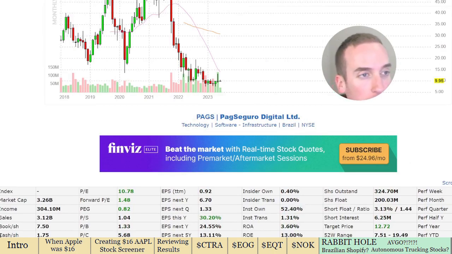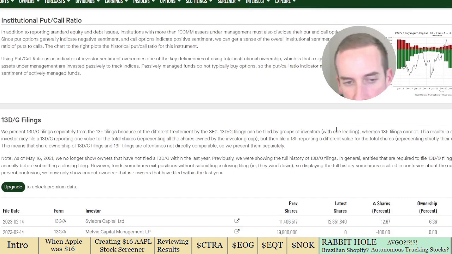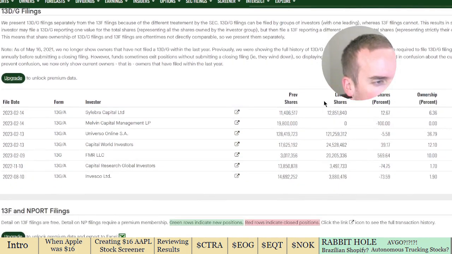Institutional ownership went from 52 to 63. Who bought? I'm gonna guess Vanguard, BlackRock. Okay, Celebra added this. Melvin Capital, ooh, they're famous, they sold everything. Universo decreased. Capital World increased. Wow. FMR increased substantially.